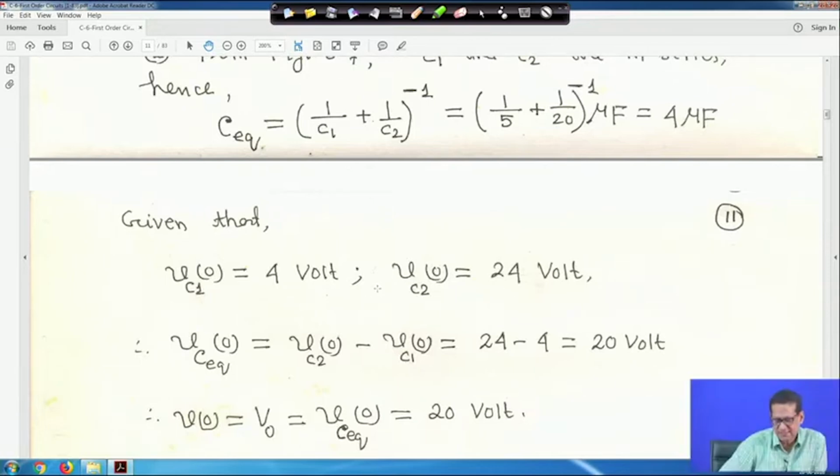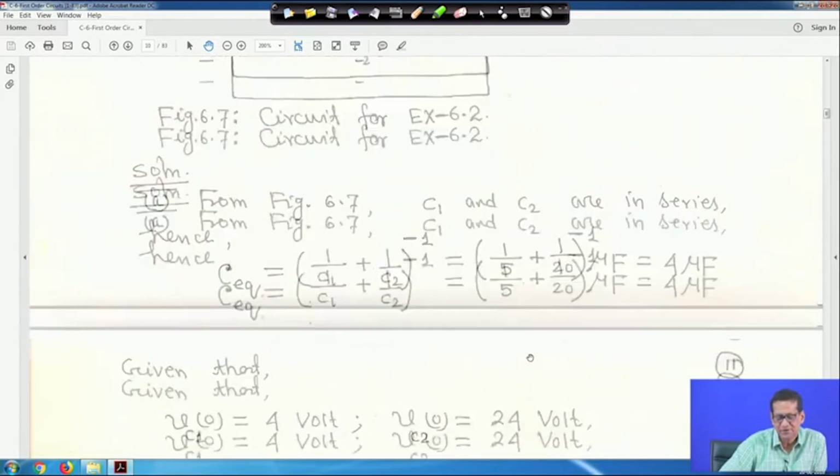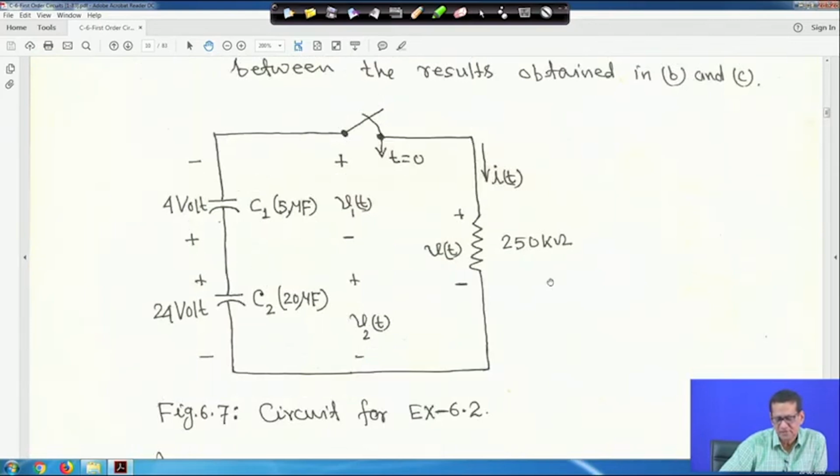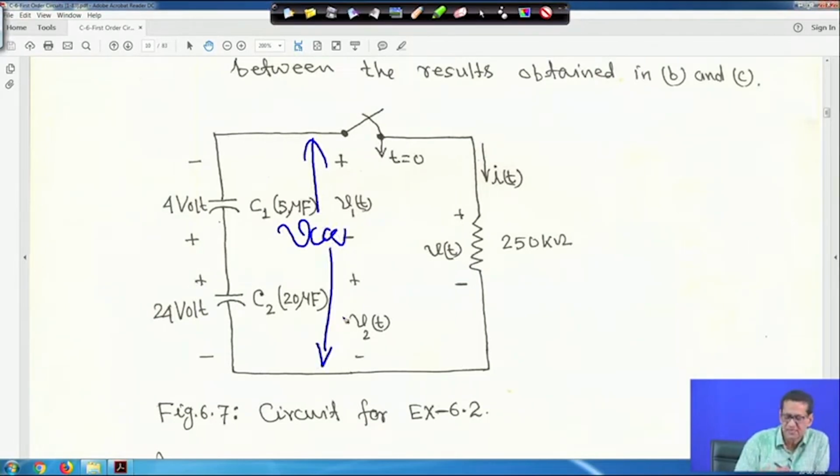So, this is the initial condition. Therefore, Vceq will be Vc2(0) minus Vc1(0), that is 20 volt. Suppose I want to take Vceq(0), and suppose this is my plus and this is my minus.